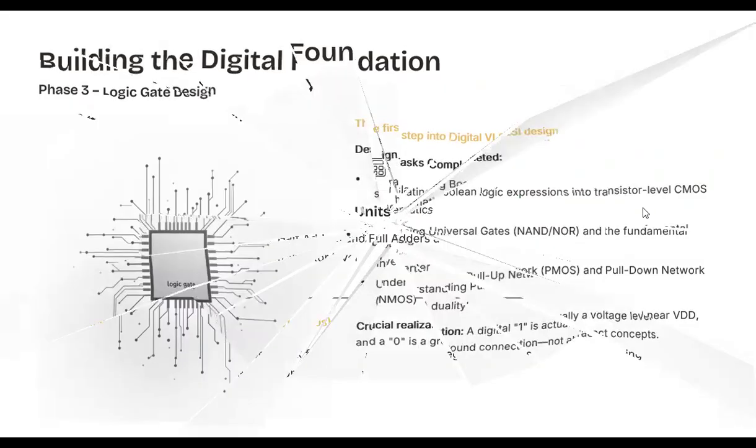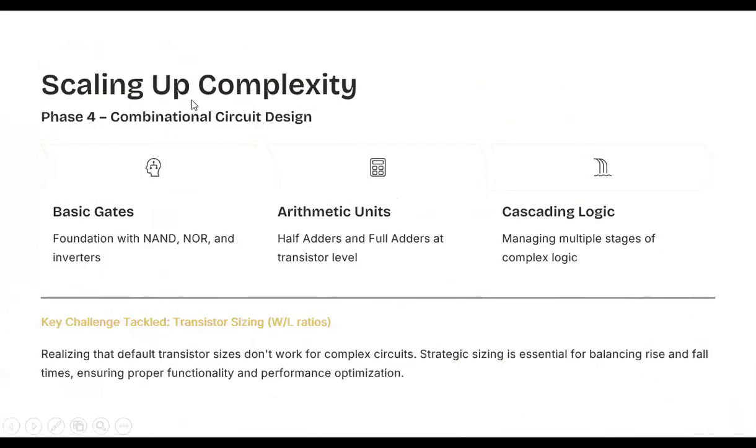Then after doing this, we scaled up the complexity. As I told you, we work with basic gates, half adders and full adders, and then we can work on them to make multiple stages of complex logic. Transistor sizing is important in all the cases. I told you that whenever you increase the width of the MOSFET, drain current increases.